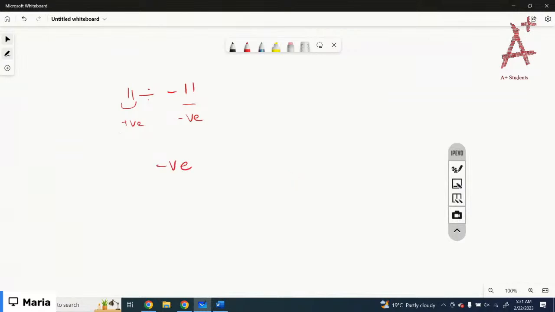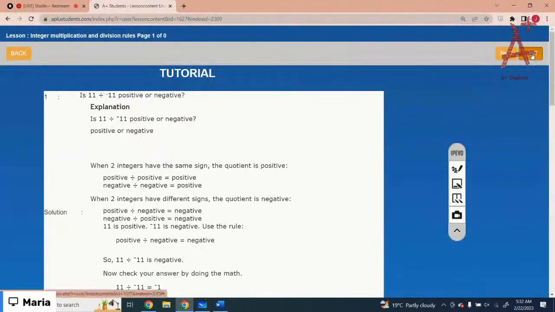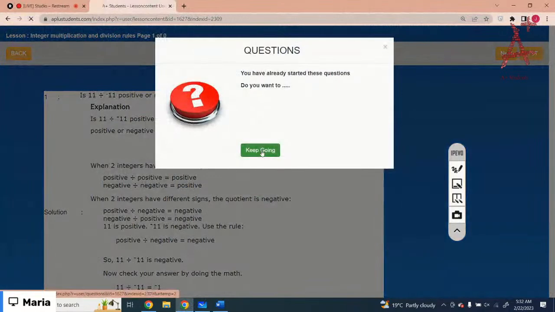Got it? So that means it is negative. Let's just start with the test questions so that we can do the practice questions.